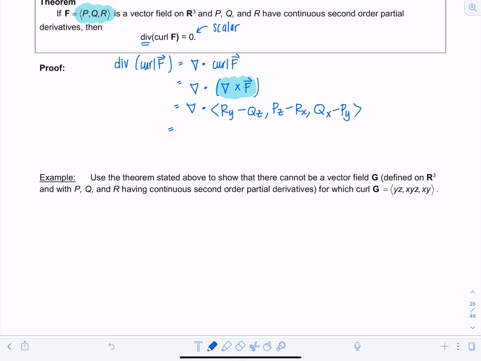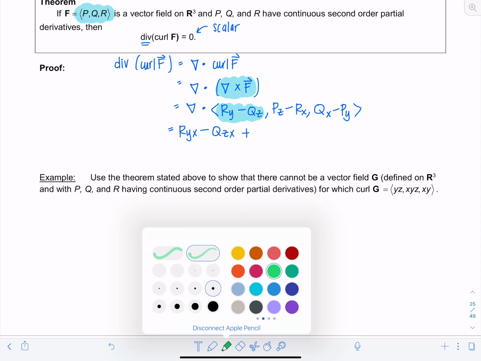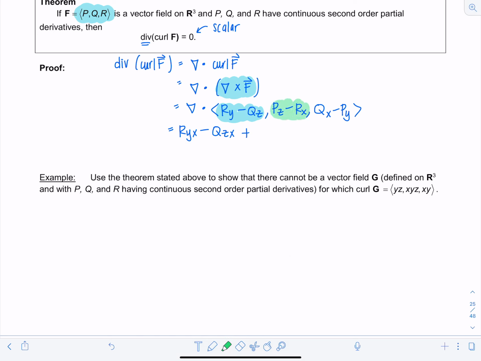Now I'm going to take the dot product, so I'm going to differentiate this first component with respect to x, right? So I'll have Ryx minus Qzx plus, since this is a dot product, the next component I'm going to differentiate with respect to y, so I have Pzy minus Rxy plus, and then the very last component I'm going to differentiate with respect to z, so I have Qxz minus Pyz.